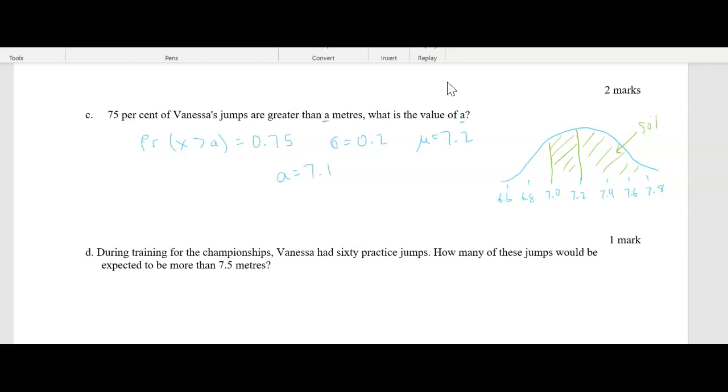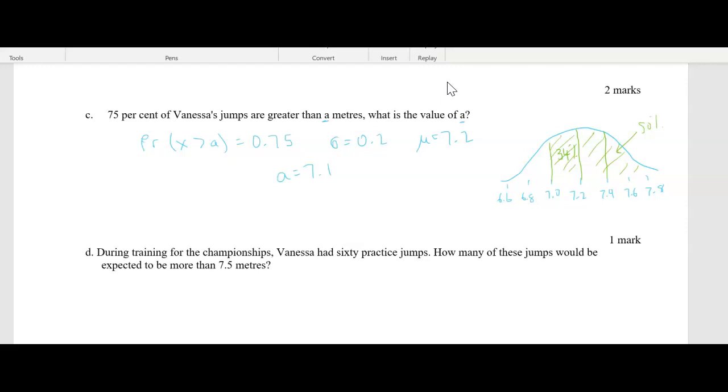It just looks halfway, but it's not halfway. If you think back to section 16b, one standard deviation either side of the mean is 68%. So this is 34%. So a score greater than 7 would be 84%. So yeah, 75% for 7.1 does make sense.